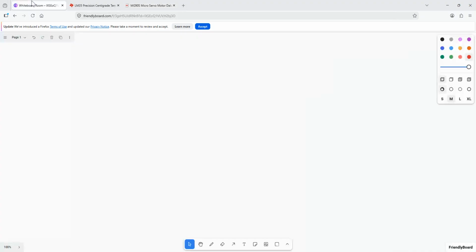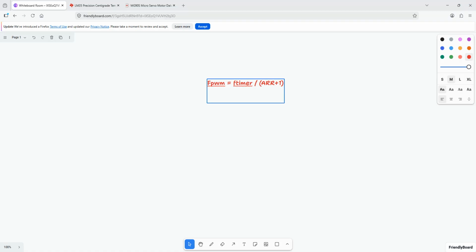The first formula we are going to use is F_PWM equals F_timer divided by (ARR plus 1), where F_timer is the timer frequency and ARR is the auto reload register value.